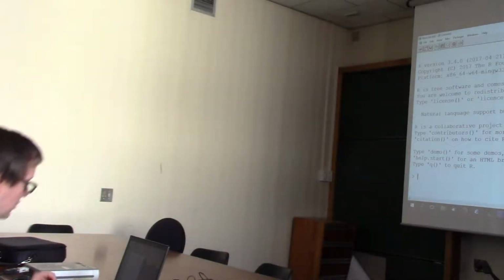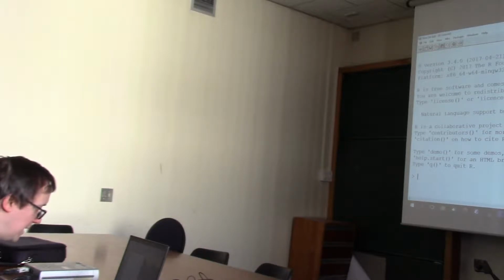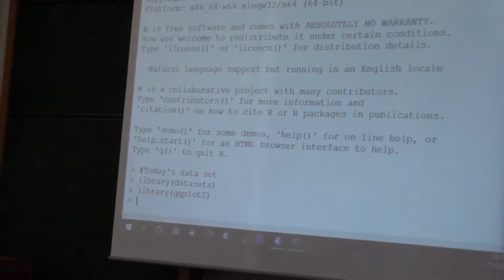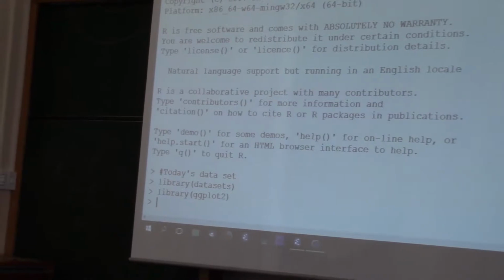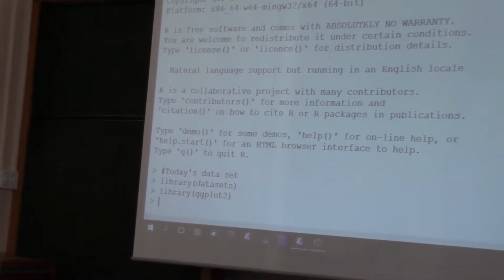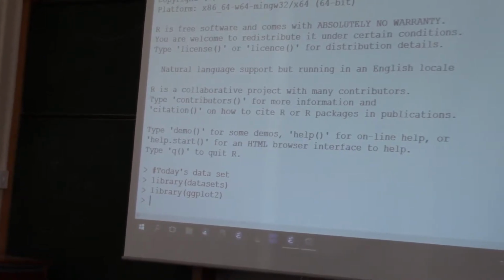Okay, so I'm going to open up two libraries, the one called datasets and the one called ggplot2. That's just a matter of calling library datasets and library ggplot2. No problem there. And we're going to start by looking at the dataset called Iris.